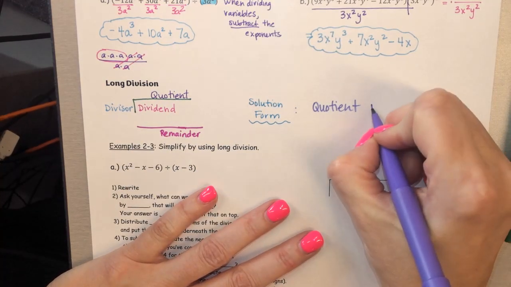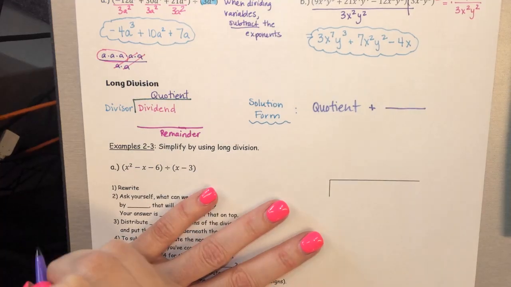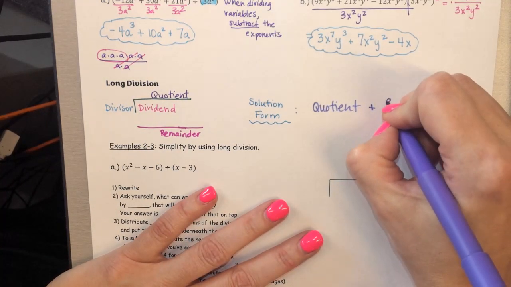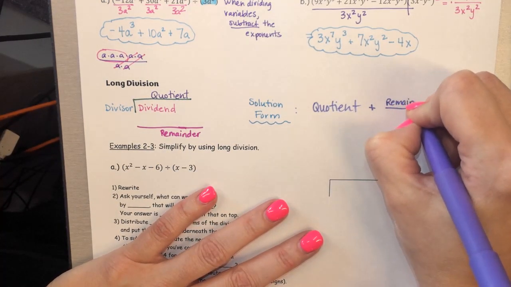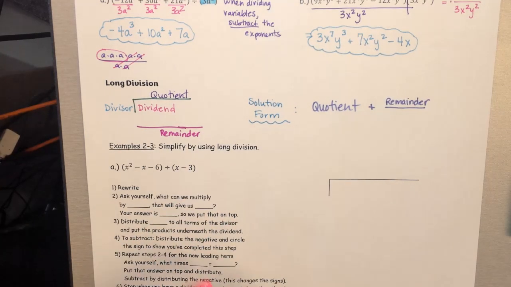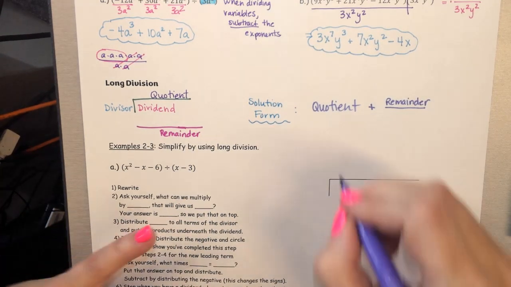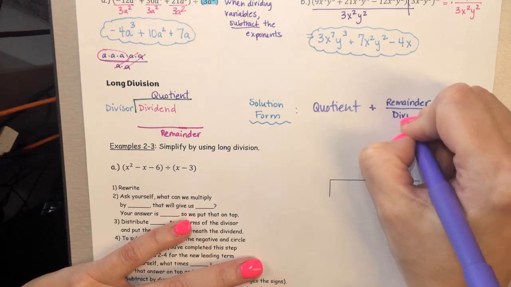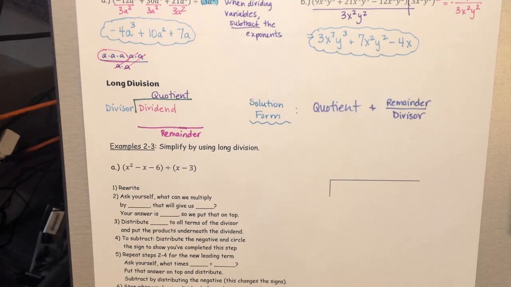And then we are going to add that to the remainder. So whatever you get for the remainder goes on top, and like we just said, that goes over the divisor.